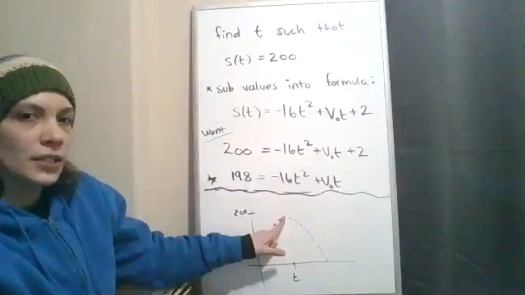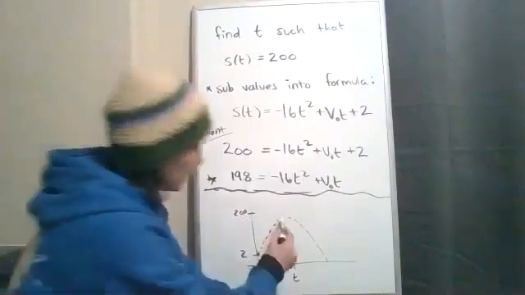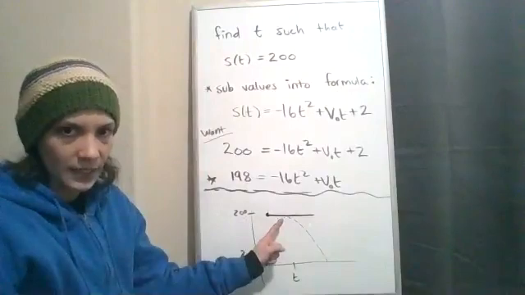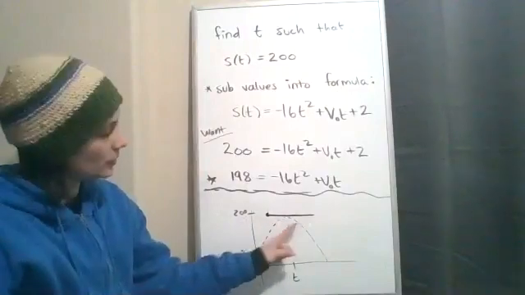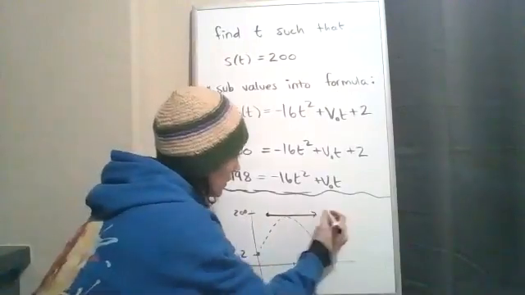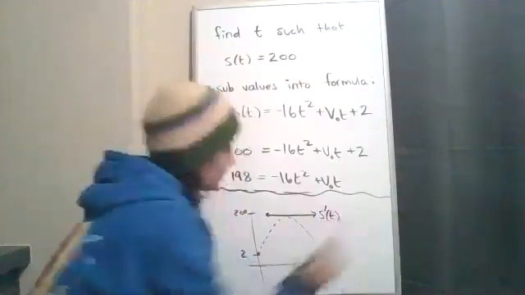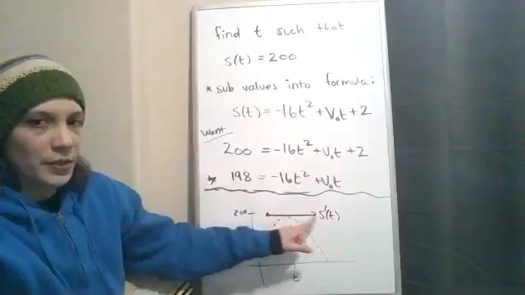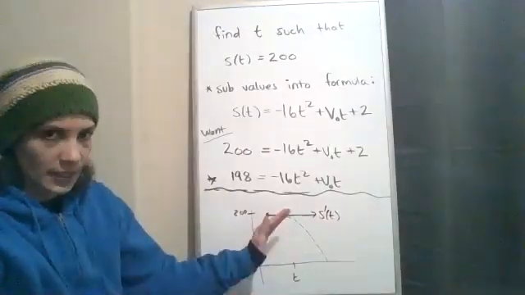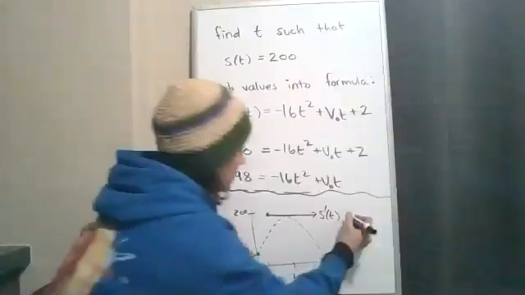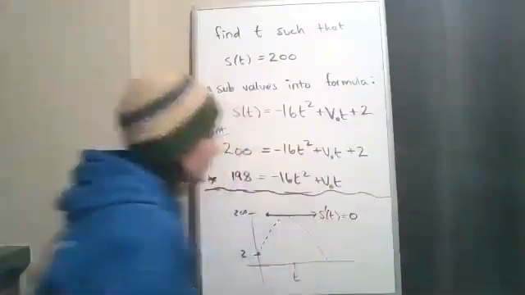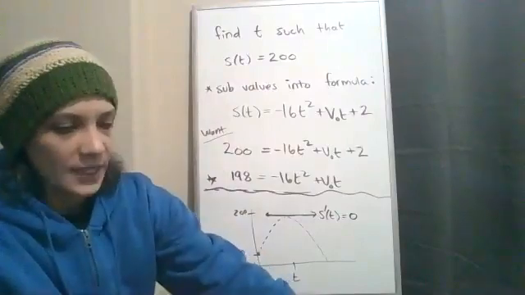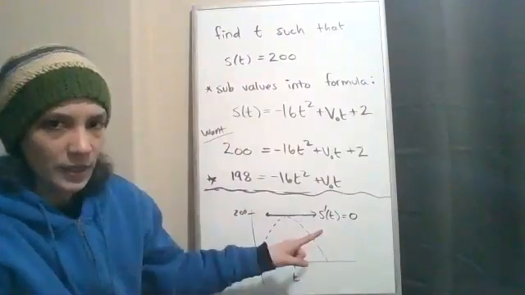The slope of the tangent line when you reach that final height would equal S prime of t, and we want that slope to equal 0 when it gets to the final height. So to find t, use S prime of t equal to 0.